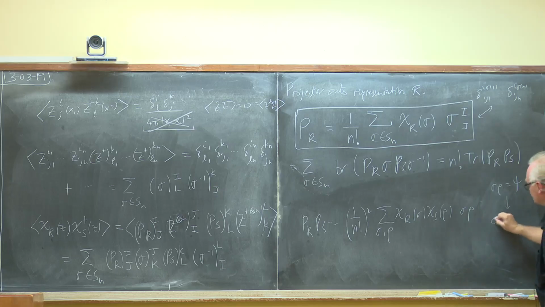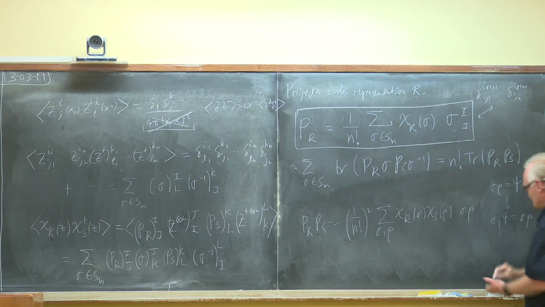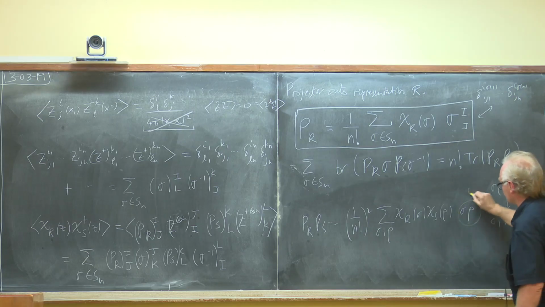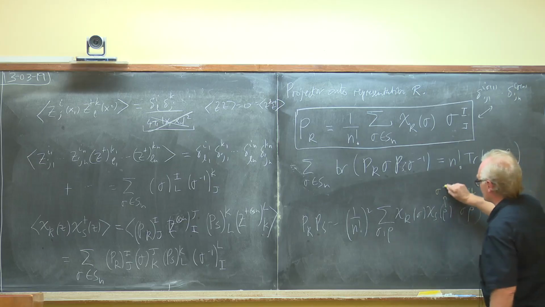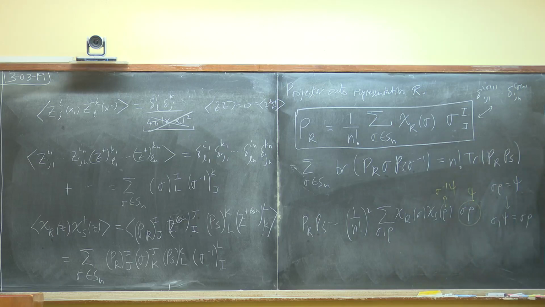Let's say we take sigma and psi, and what is psi equal to? Well, psi would just be equal to sigma rho. So everywhere where you see a sigma rho, replace it by psi. And everywhere where you see a rho, replace it by sigma inverse psi. So now you can see that there's a sigma appearing inside that character, a sigma inverse inside this character.